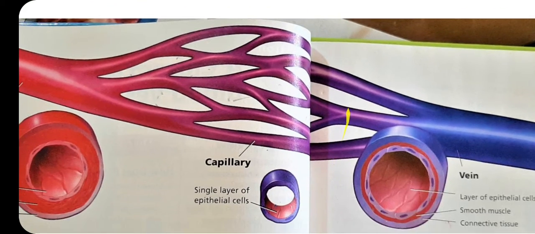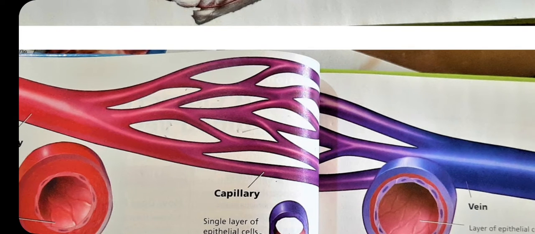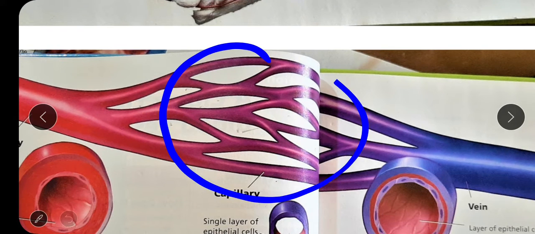The lower portion of the image shows the network of small blood vessels called capillaries. These are the capillaries that connect the arteries and the veins. The capillaries are located at the end portion of every artery and every vein.